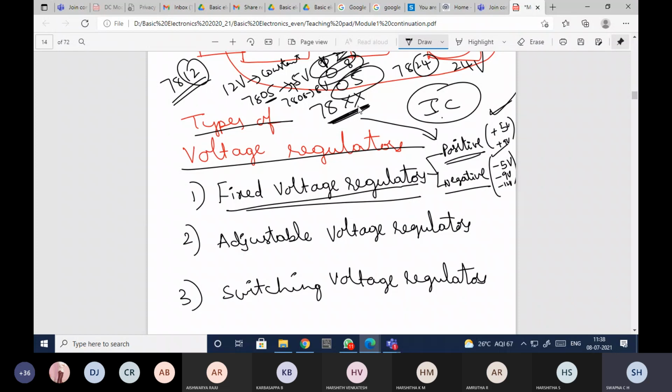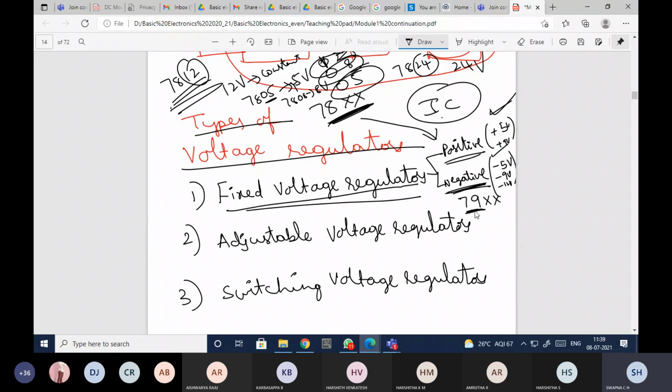In general, we can write it as 78XX. In the same way, for negative voltage regulators it is 79XX.